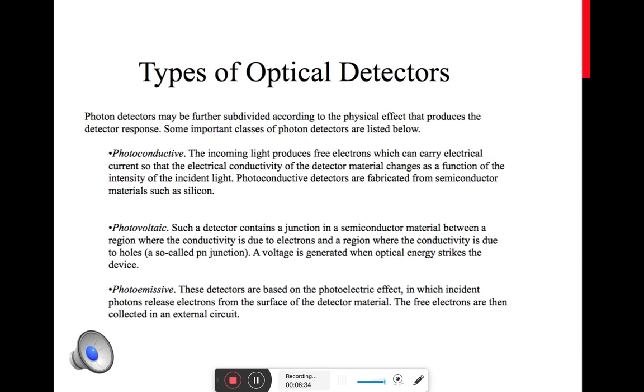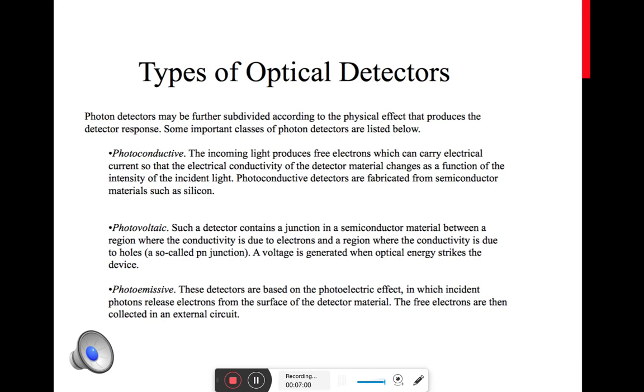Next, photovoltaic. In photovoltaic, we use semiconductor materials in which one type of semiconductor has electrons or holes as the majority carrier. On the other side, similarly, electrons or holes are the majority carriers. These two semiconductor materials are fused, which produces a potential barrier.